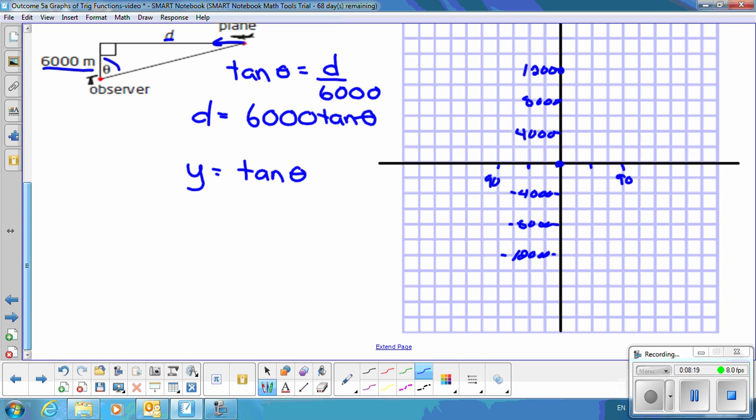At 45 degrees, my y value is 1, but I need to multiply that by 6,000, and so it's going to move up here to 6,000. Just like at negative 45, it's going to move down to negative 6,000. My tangent function has asymptotes at 90 as well as at negative 90, and so that graph is going to look like this.